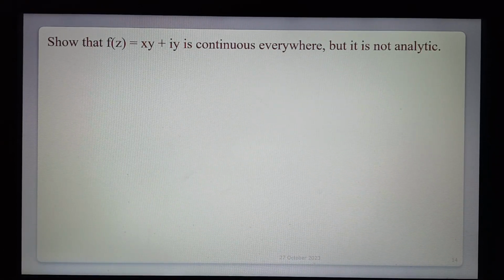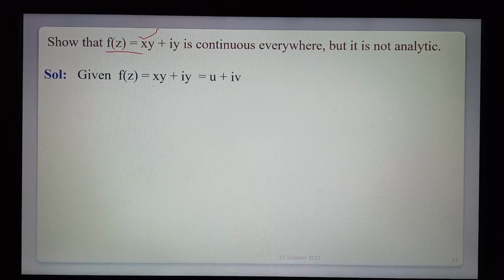Yeah, next example, show that f of z is equal to xy plus iy is continuous everywhere but it is not analytic. So that is directly given function u plus iv, that is equal to xy plus iy is equal to u plus iv.